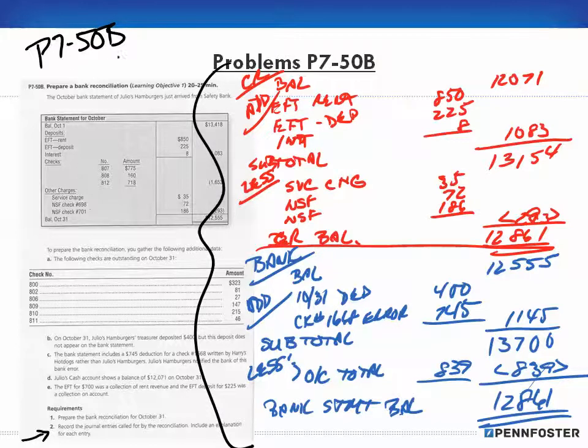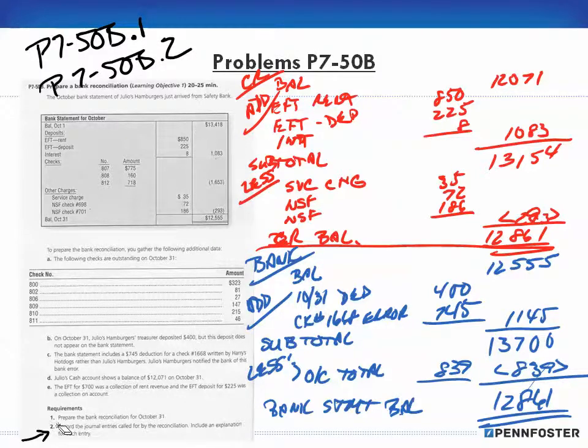I made that a part 1, and now what you're looking at is 50B part 2. Sorry about that. I just totally forgot about it. I'm so focused on doing the bank recs that I completely forgot about doing the journal entries.